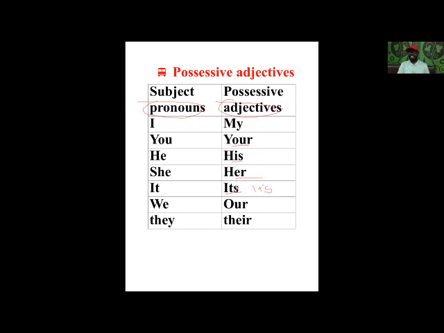It, its, we, our, they, their. These words, my, your, his, her, its, our, their are called possessive adjectives. Words like I, you, he, she, it, we, they are called subject pronouns.